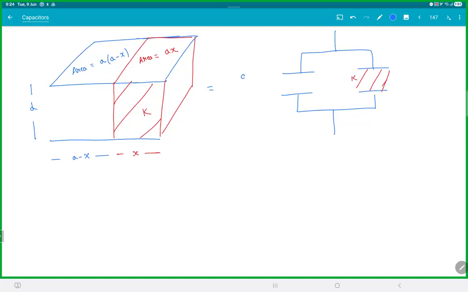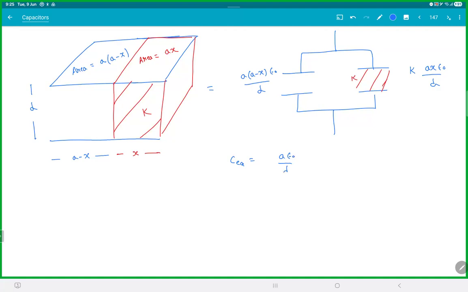So what is the area there? A into A minus X, epsilon by D. What is this capacitance? K times area AX, epsilon by distance D. Are the capacitances clear, everyone? So you can divide the capacitor into two parts: the part where there is a dielectric, and the part where there is no dielectric. Both of them are in parallel. So we get C equivalent is equal to C1 plus C2. Add them up.